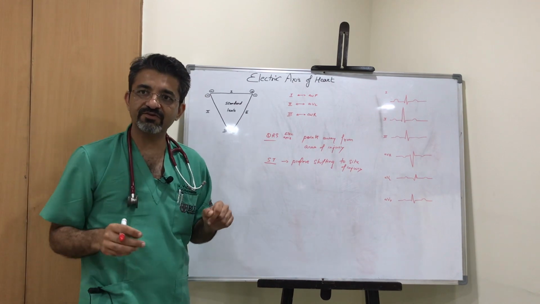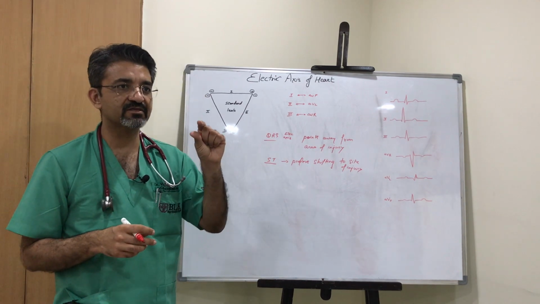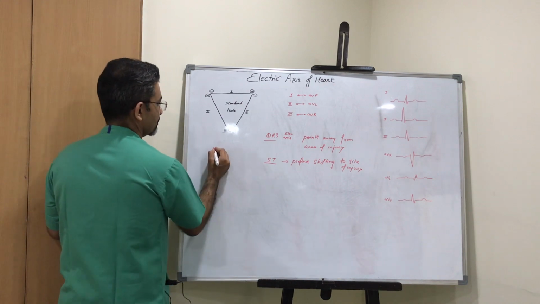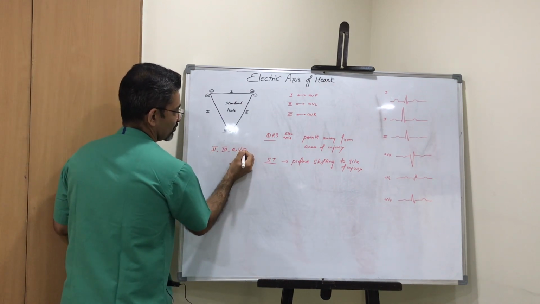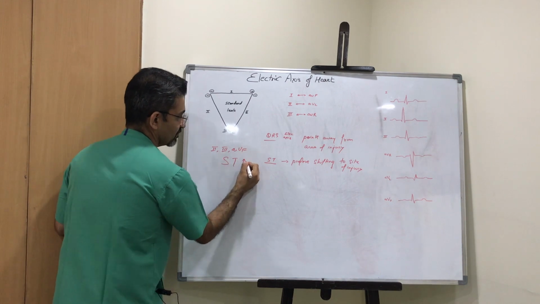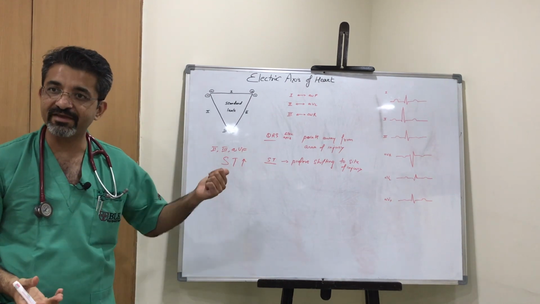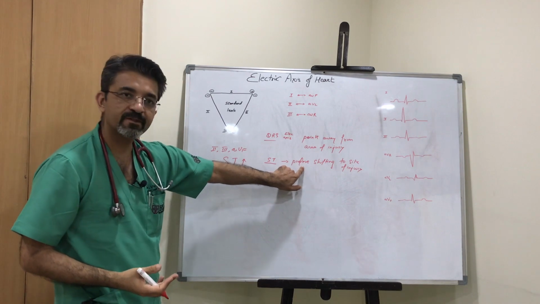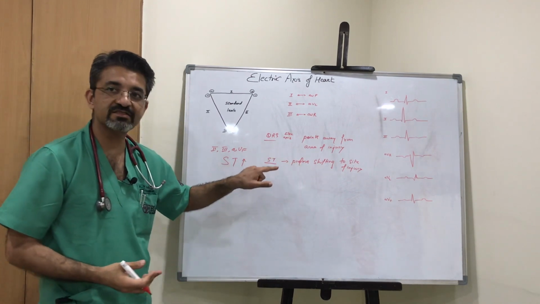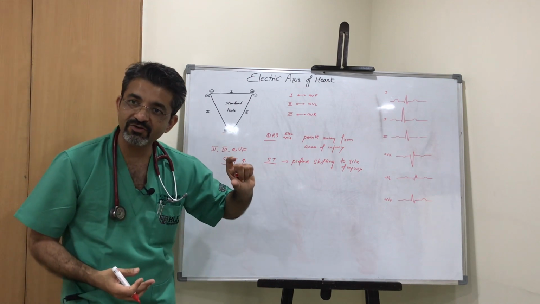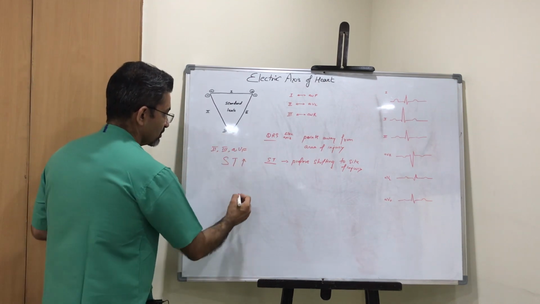By convention, we always say that in leads 2, 3, and aVF you have ST elevation. This is a convention, we understand, but why? The principle is this: my ST segment will deviate towards the site of injury.